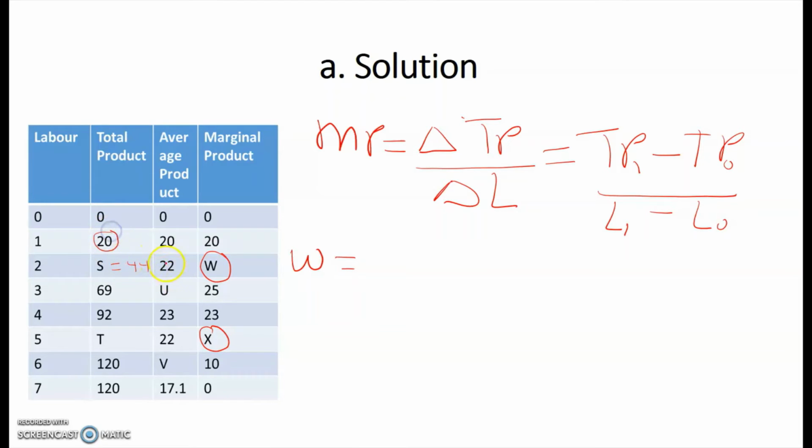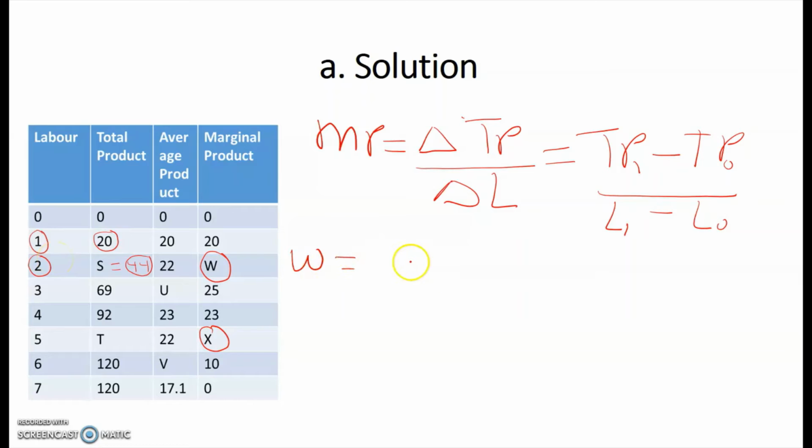So we have 20 and then 44. Now you ask yourself which one is the current total product and which one is the previous total product. The current obviously will be 44, and the previous or the old will be 20. And for labor we have 2 and then 1. The 2 will be the current labor, and the 1 will be the previous labor.